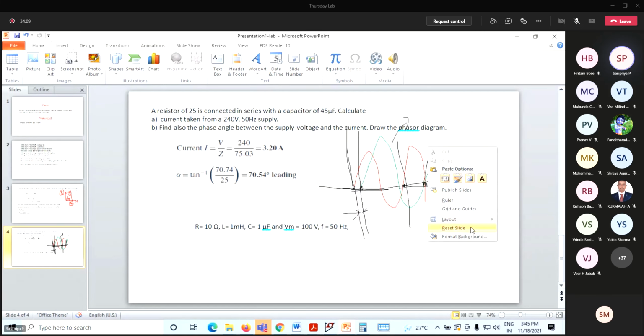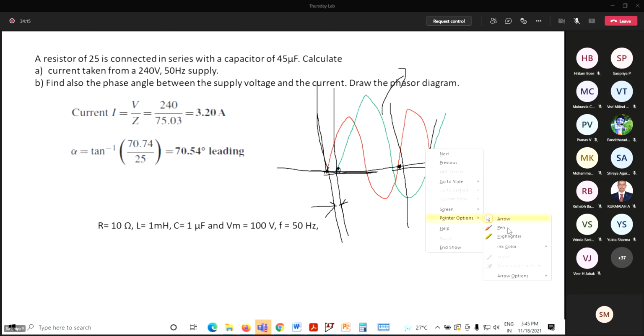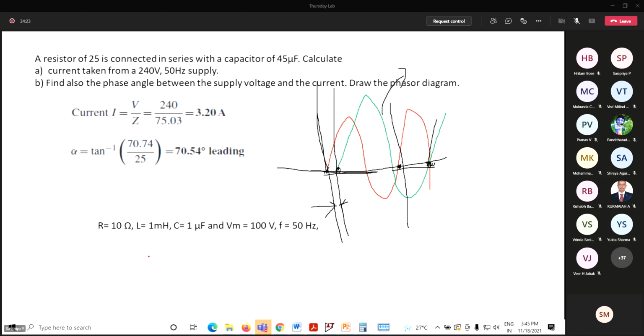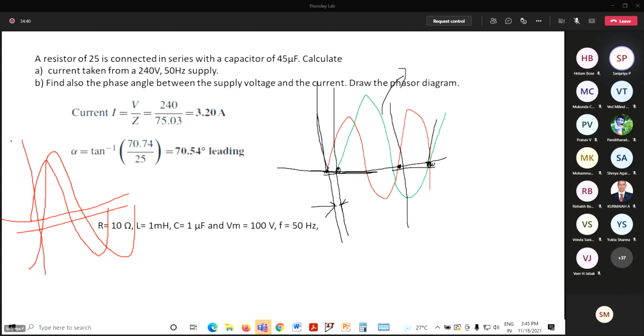For example, if I have two waveforms, if this is the zero crossing point and this is the zero crossing point, then we should see the time difference in the same cycle.